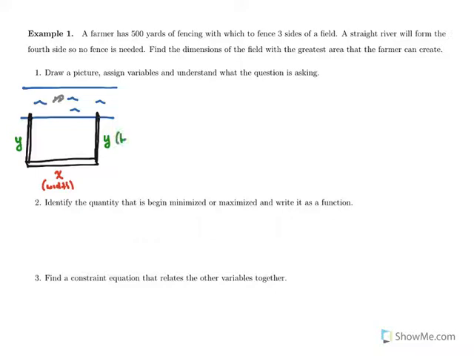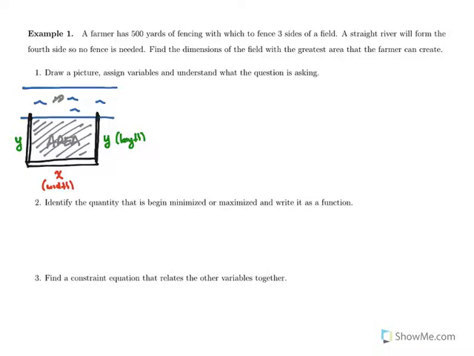Maybe that can be the length of the fence. Maybe you want to call it W and L for width and length, whatever works best for you. That doesn't really matter. And we're trying to find the biggest area here. So we've drawn a picture, we've assigned the variables x and y, that's important. And maybe we're trying to understand what the question is asking. We want to try to find the biggest area. We have different x's and y's.